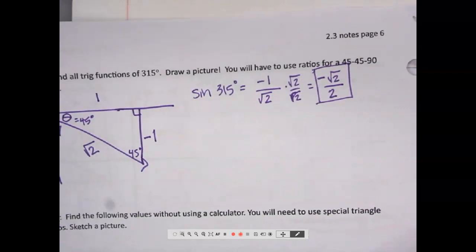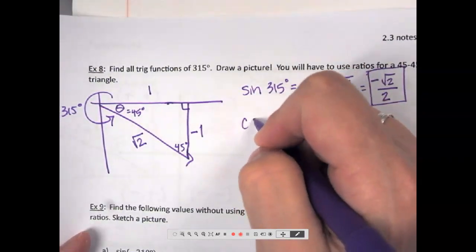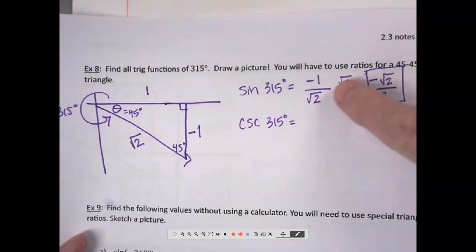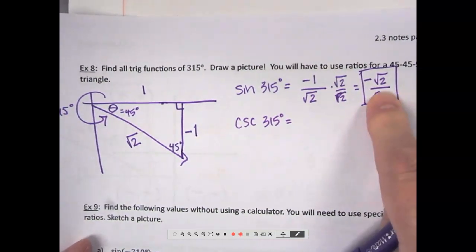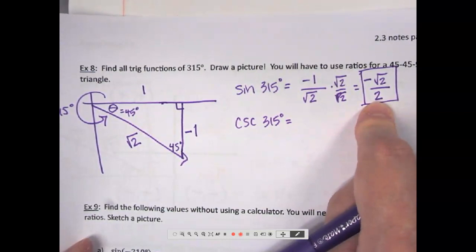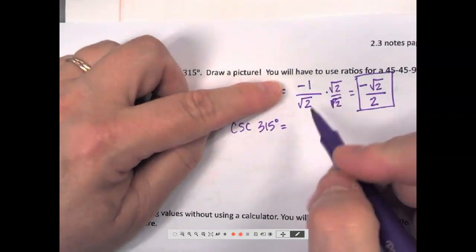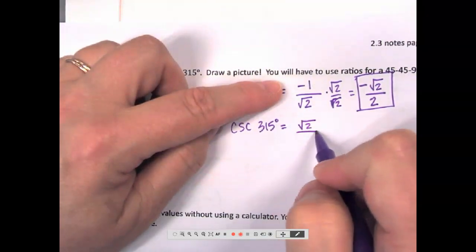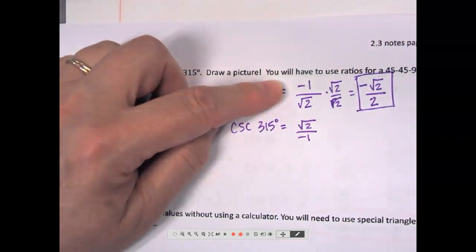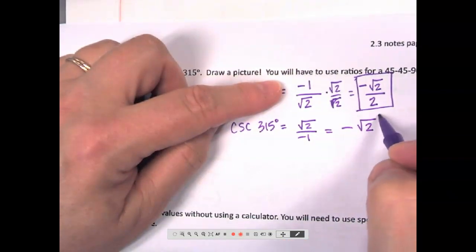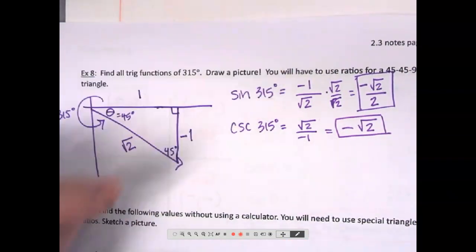Okay, cosecant is the reciprocal of this. I don't want to take the reciprocal of that because I'd have to rationalize again. So I'm going to go back to that first fraction. Hypotenuse over opposite. And let's just make that negative square root of 2.